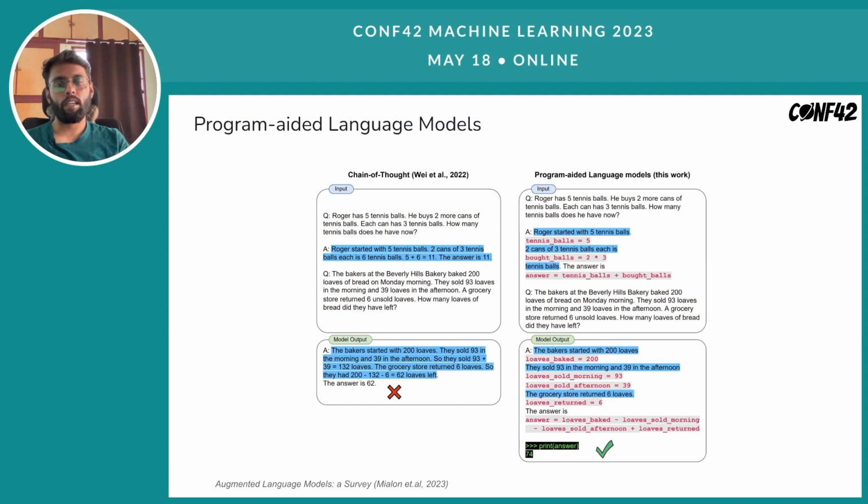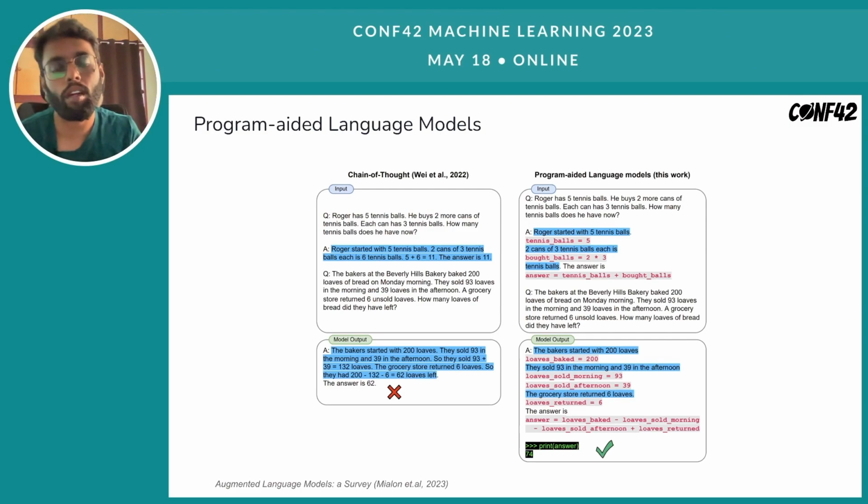The way they have done this is they have created a few-shot prompts, each with a question, like we saw in chain of thought prompting, and they represented the solutions as a Python program. So here you can see the tennis ball example. They have deduced the tennis ball value from the question, and then the balls that are bought, and then the answer.